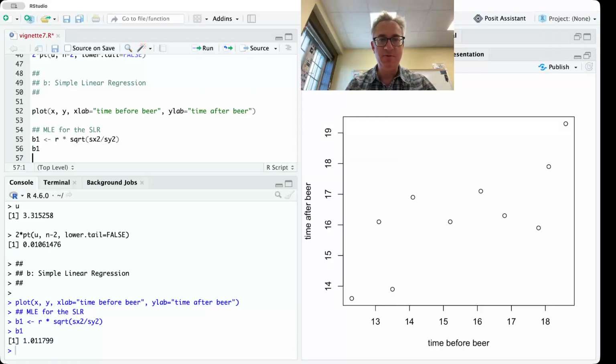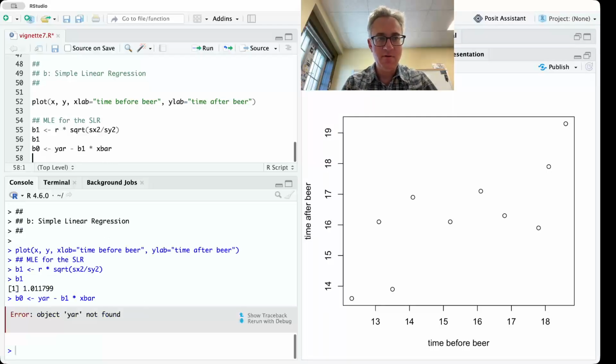So the slope is about 1. That kind of makes sense in this example. There's an almost one-to-one relationship between time before a beer and time after a beer. And then the intercept is y bar, I've already calculated, y bar minus b1 times x bar.